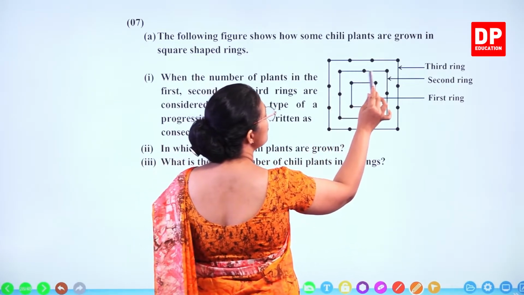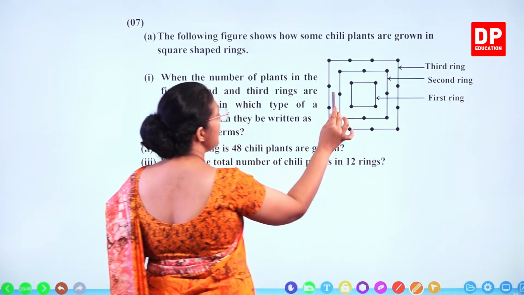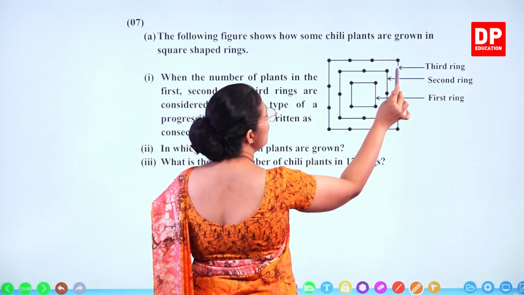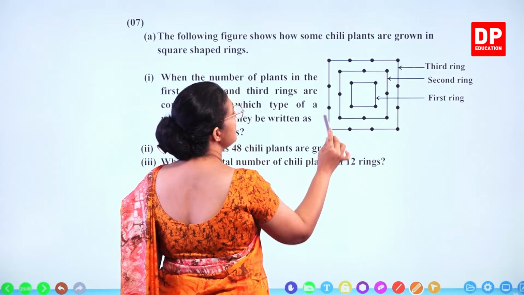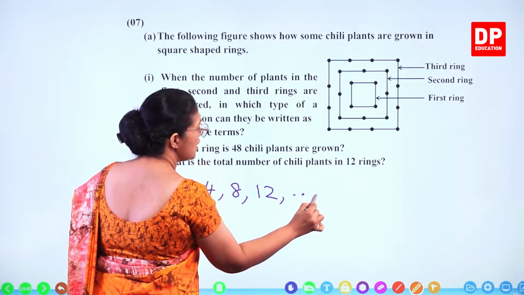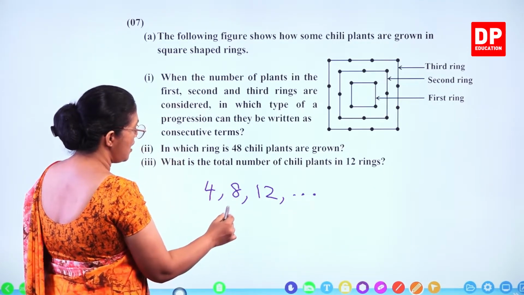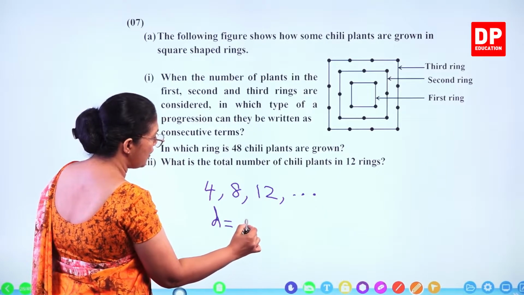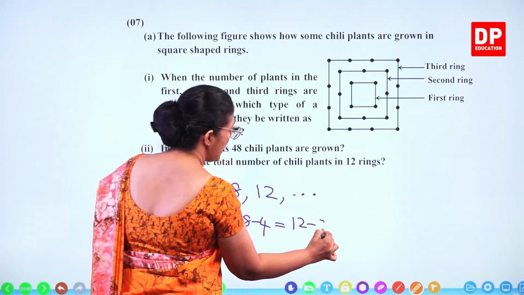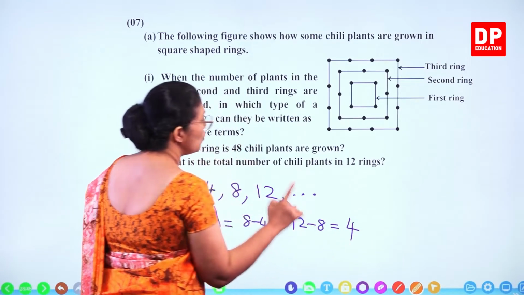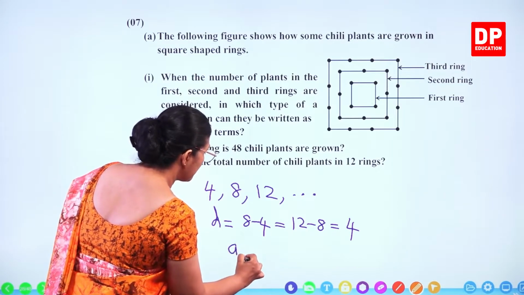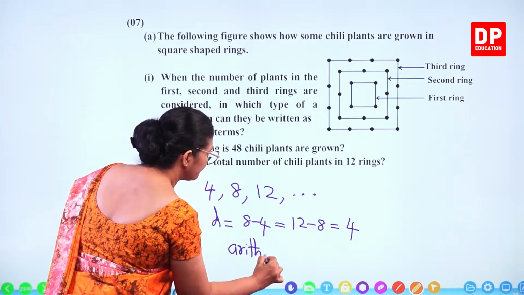Second ring, 1, 2, 3, 4, 5, 6, 7, 8. Third ring, 1, 2, 3, 4, 5, 6, 7, 8, 9, 10, 11, 12. So what's this progression? We can see you get the same common difference, 8 minus 4 or 12 minus 8, that's 4. So a common difference means this is an arithmetic progression.